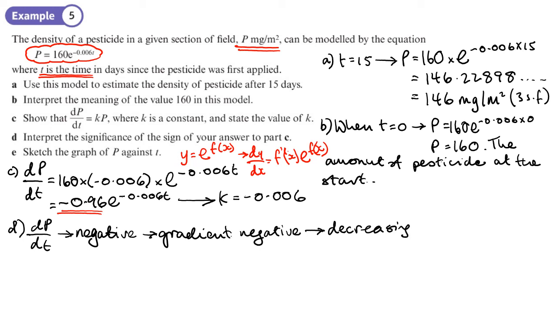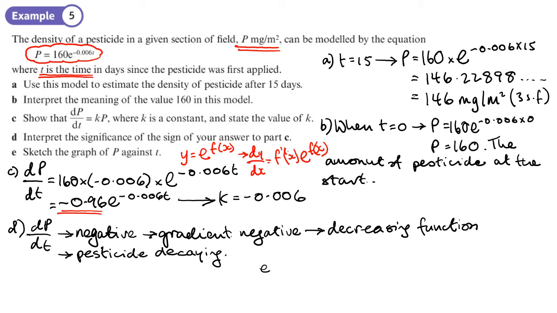So in terms of the context of the question, it means that the pesticide is decaying, pesticide's going down. So I'll put pesticide decaying or going down. We've got some exponential decay.